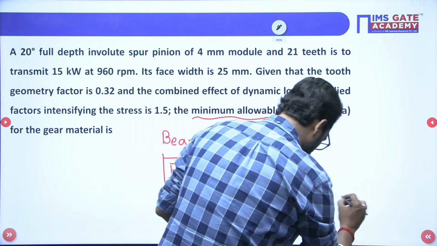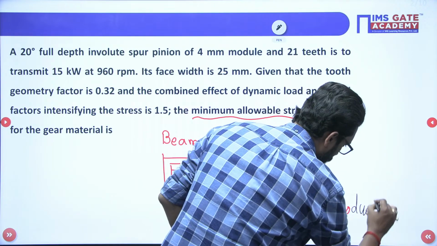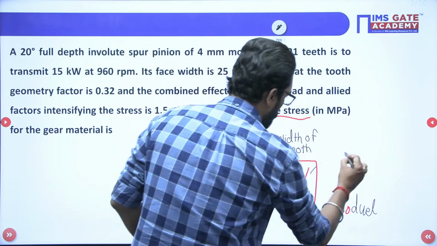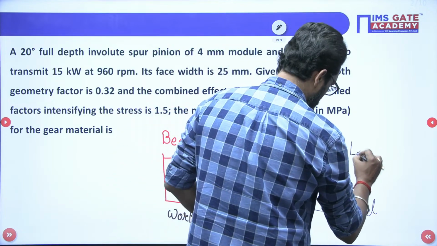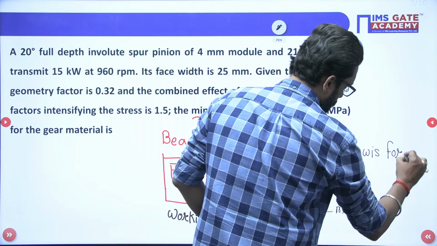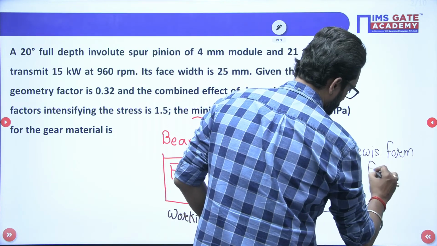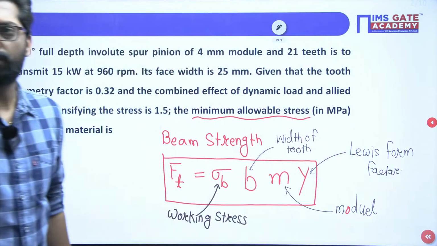It is the module. And this Y is the Lewis form factor. It is given in the question.